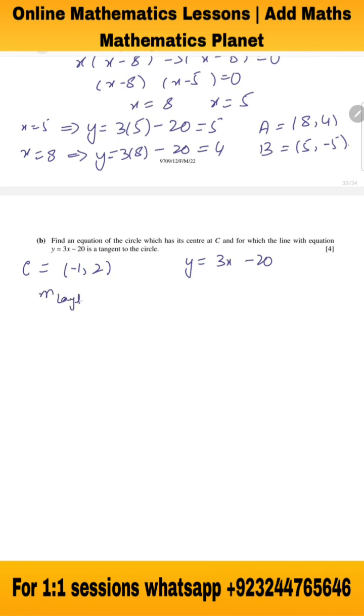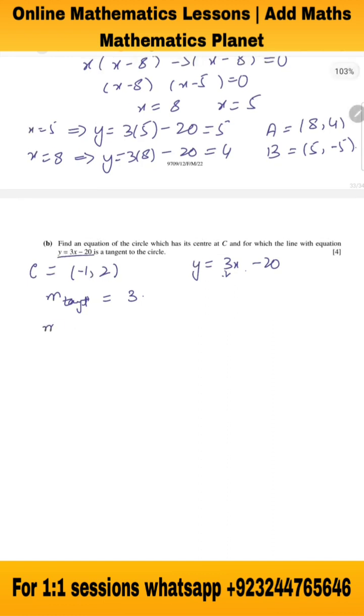So the line tangent to the circle is y is equal to mx plus c. This m is the slope of the tangent line, that is 3. So the slope of the line from the center C to the point A would be -1/3.